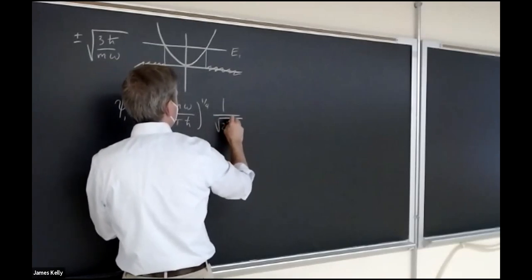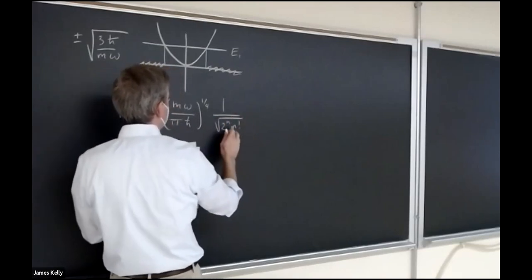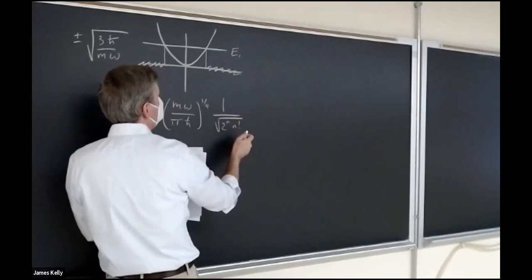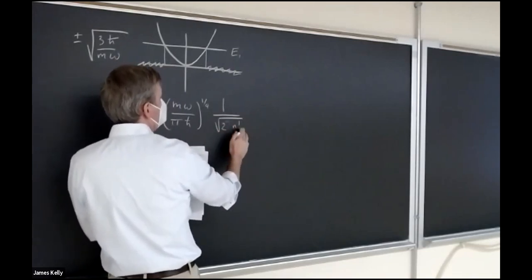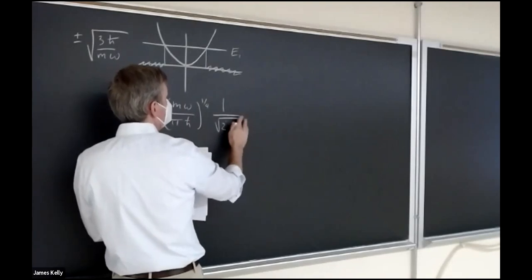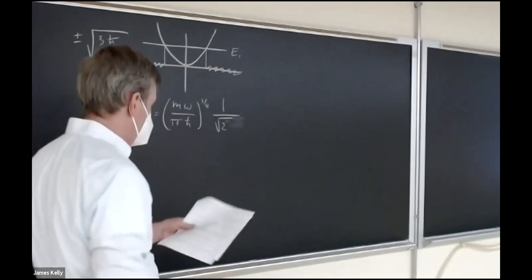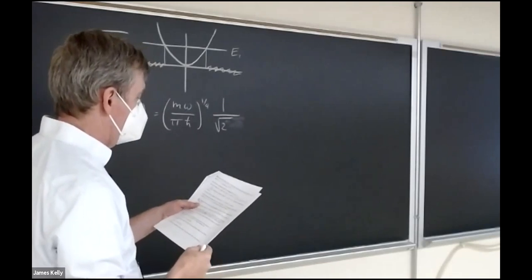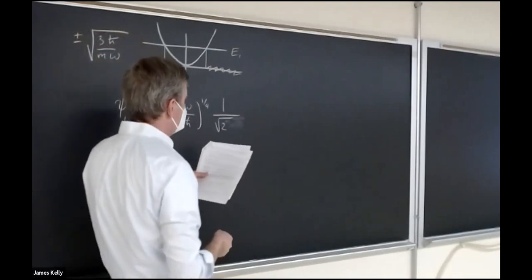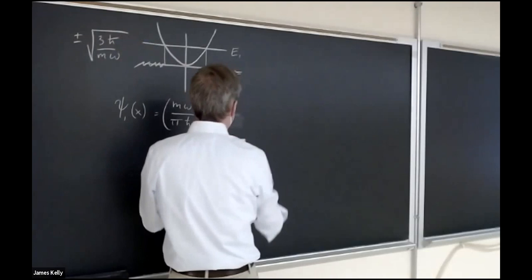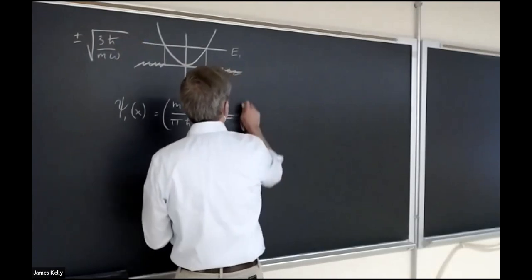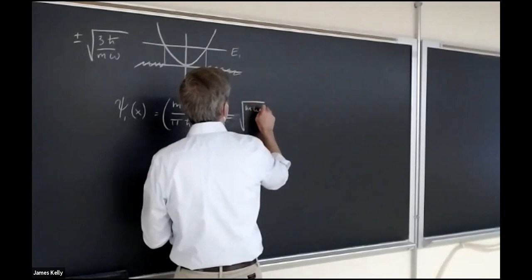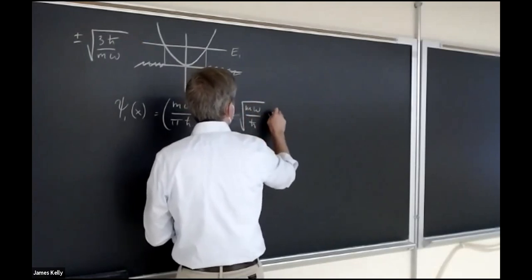1 over the square root of 2 to the n factorial. So for us, n is 1. So I get a square root of 2 to the 1. And 1 factorial is just 1. So that gives me a 1 over root 2 for the first excited state. H1 of xi is just xi. And so that gives me a square root of m omega over h bar times x.